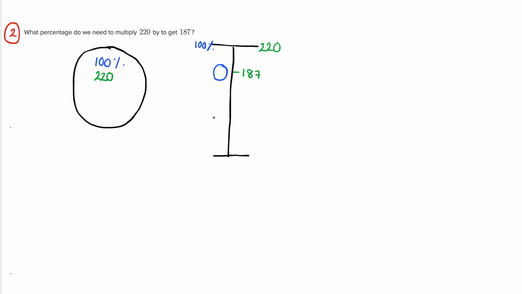So how can I do this? I'm going to use the same method that we used before. So I'm going to go down to 1. So how do I go down to 1 from 220? I'm going to divide by 220. And then I'm going to multiply by 187.